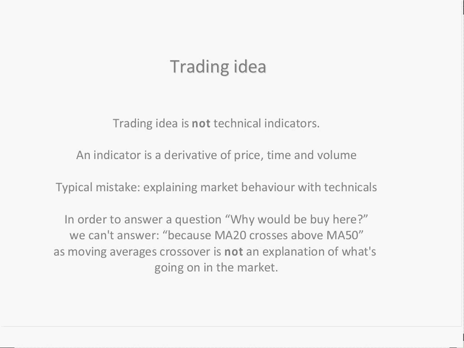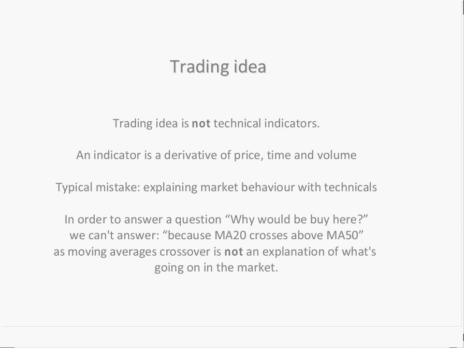Because any indicator is simply a derivative of price, time, and volume. Okay, you can use also open interest for options. It can use other information, but in the long run, an indicator cannot tell us anything more, any additional information, than what is originally within the price time series.